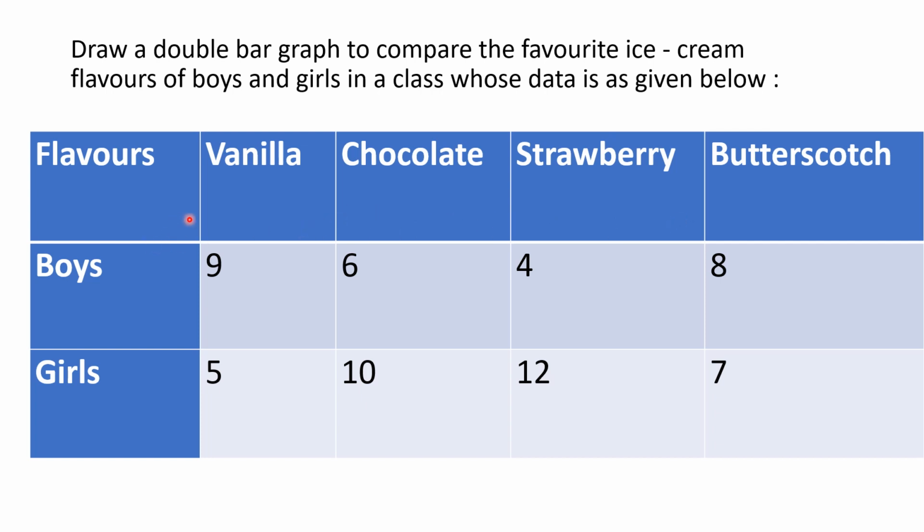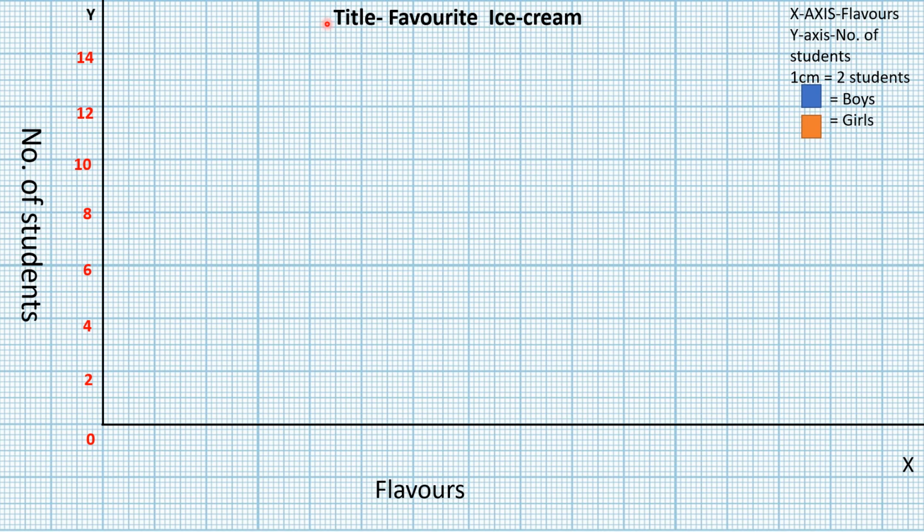And at the x-axis, we have to take the textual data, which is the category like vanilla, chocolate, strawberry, butterscotch, and they are the flavors. So on the x-axis, we will write flavors, and on the y-axis, we will take number of students, boys and girls. So it is our title, favorite ice cream, and on the y-axis, number of students, on the x-axis, flavors.